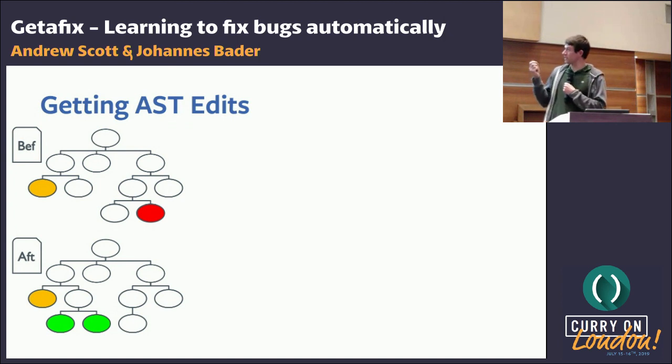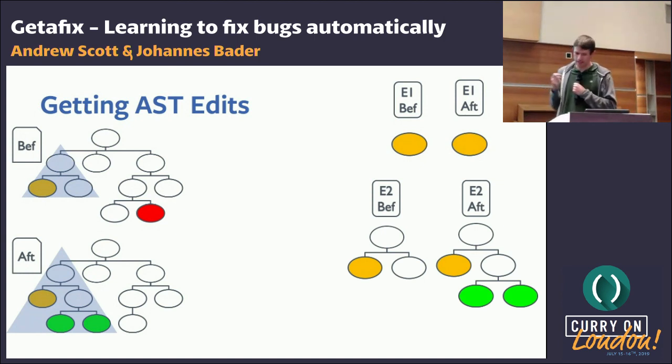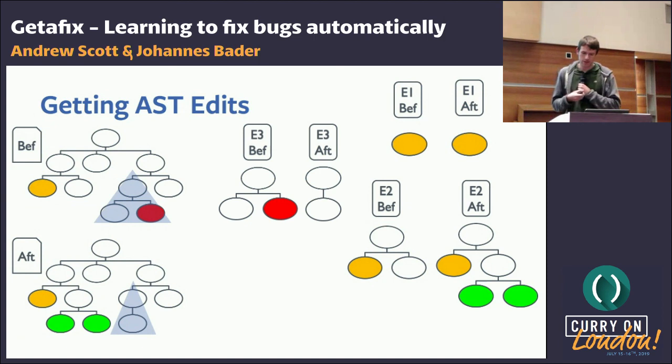So, for example, in this case, the two nodes which are marked as updated are mapped to one another. So we'll create an edit which just contains the updated nodes. Similarly, the parents of the updated nodes are mapped to one another, so we'll create an edit from them as well. Note that this edit includes both the updated node as well as inserted nodes. Similarly, the parent of the node which was marked as deleted is mapped to a node in the after, so we'll create an edit from those as well.